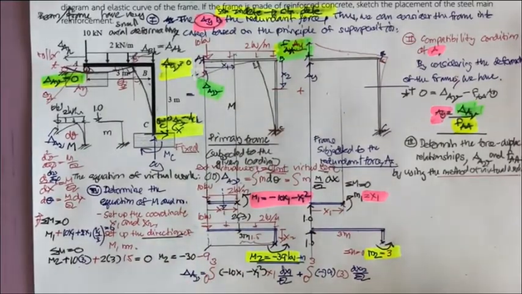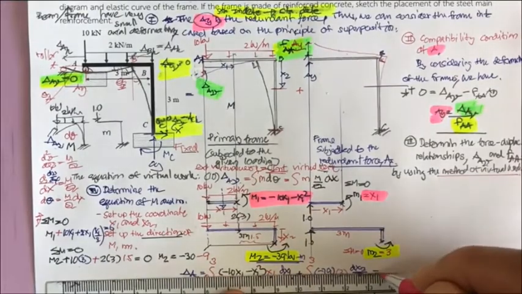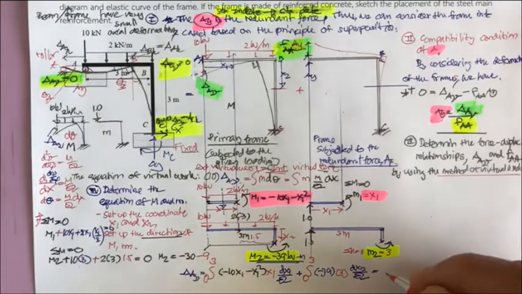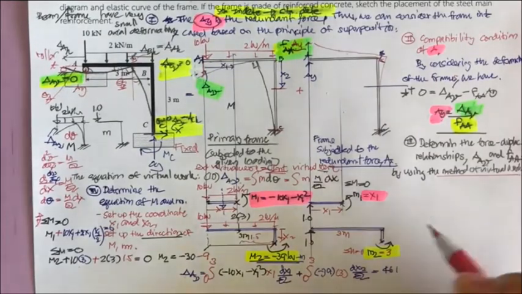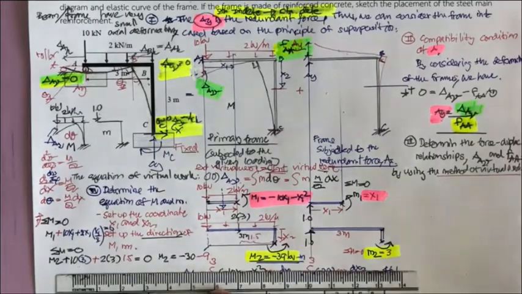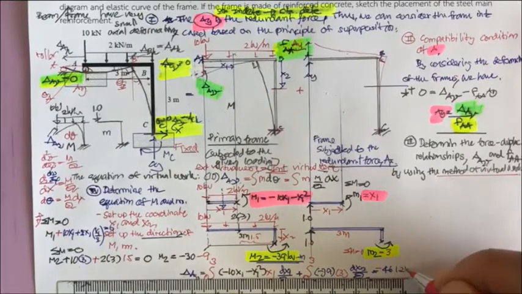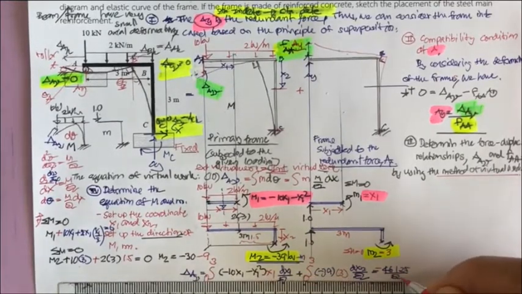So that is the integration for you to determine the delta of AV, and if you do it correctly, you may get this for 461. This is minus, okay, and this is minus. You will get this for the minus 461.25 over EI.